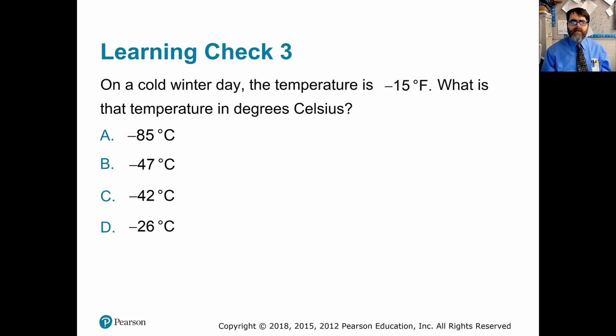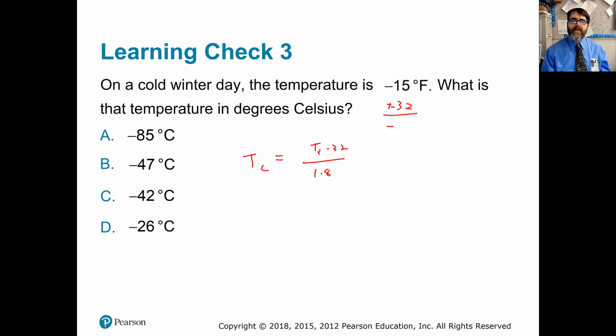Anyway, a cold winter day, the temperature is negative 15 degrees Fahrenheit. What is that temperature in Celsius? So to go for temperature in Celsius from Fahrenheit, they told us that it's the temperature in Fahrenheit minus 32 divided by 1.8. And so then negative 15 minus 32 is going to be a negative, because remember when we subtract a positive number it's the same thing as adding a negative.